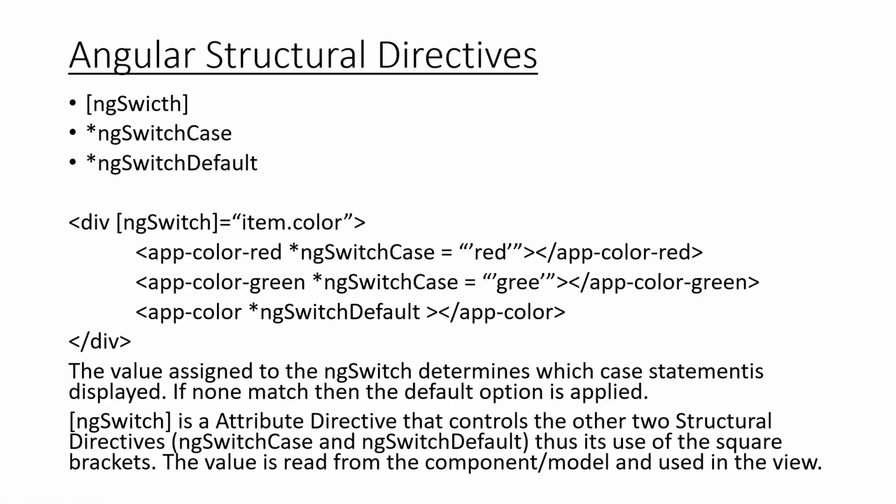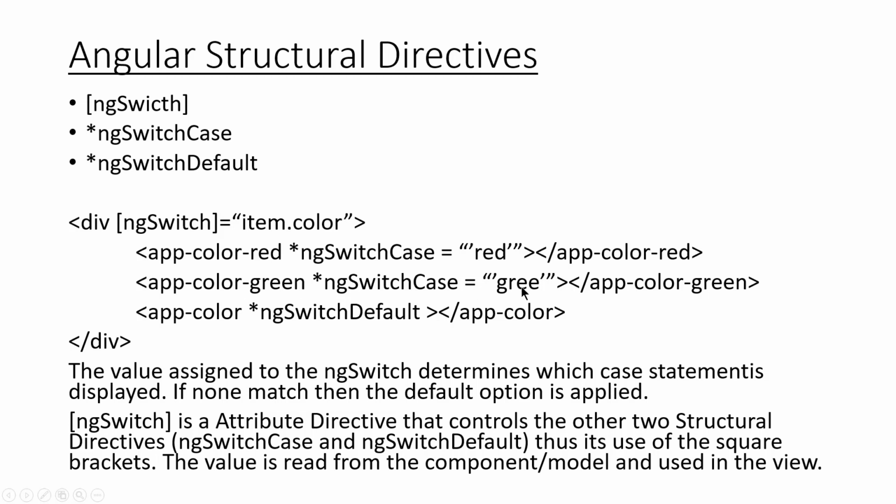Another structural directive, or actually we've got 2 structural directives and an attribute directive. So the ngSwitch, so if you've done any programming before, you've got a switch statement or a case statement, you may have heard of it before. So basically, based on the value of some item from our component or model, it will switch that, and depending on the case values, so if our item color was red, then this particular part would be displayed.